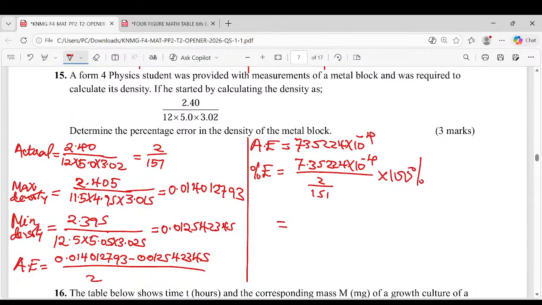So when I divide this by 2 over 151, then times 100%, I'm getting 5.550941%. That becomes the percentage error in that particular question.